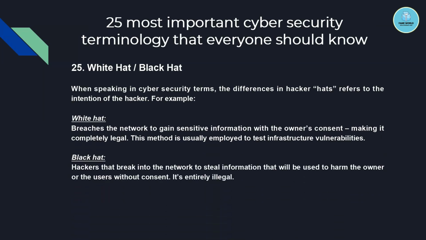White hat breaches the network to gain sensitive information with the owner's consent, making it completely legal. This method is usually employed to test infrastructure vulnerabilities. White hat hacking is done to check where the vulnerabilities are. And black hat hackers breach into the network to steal information that will be used to harm the owner or the user without consent. So it's entirely illegal.